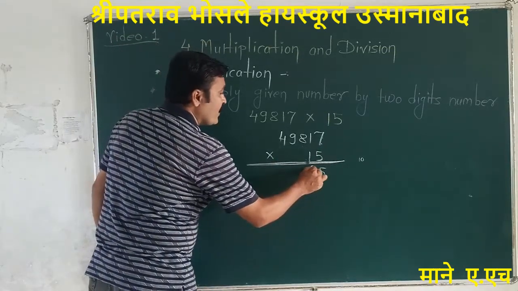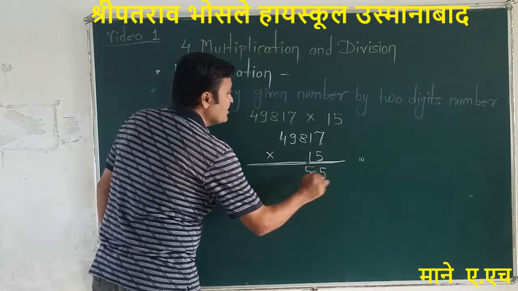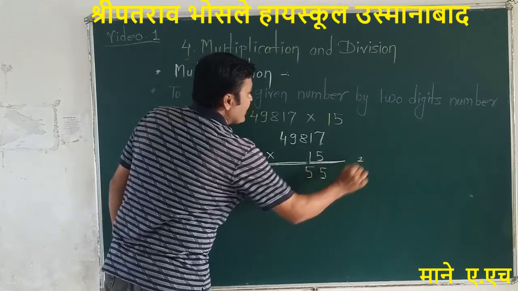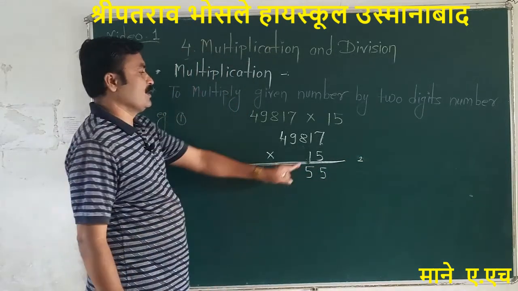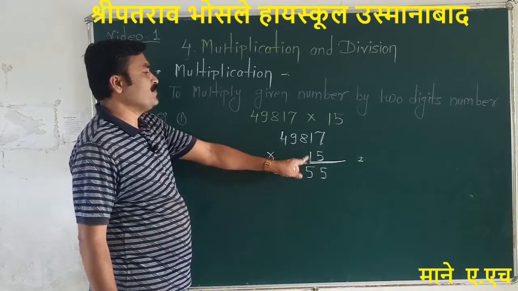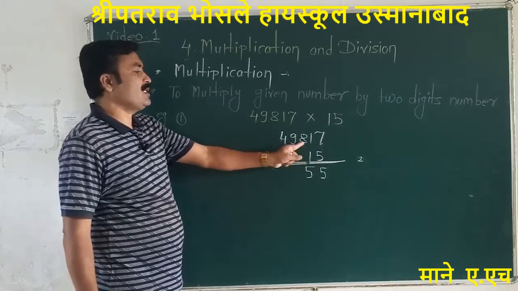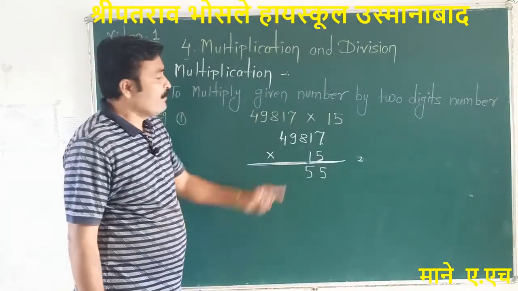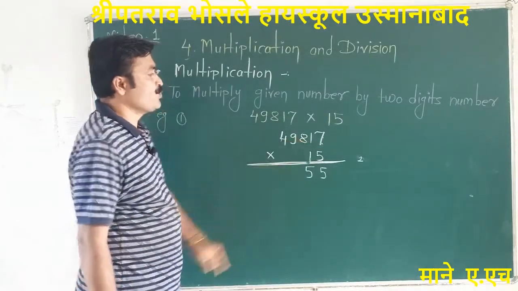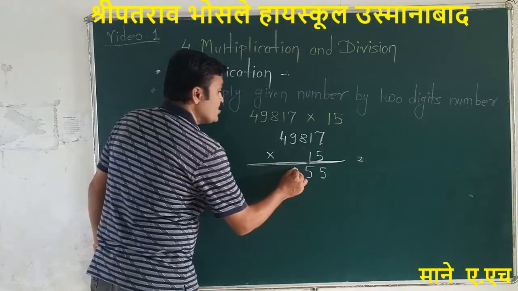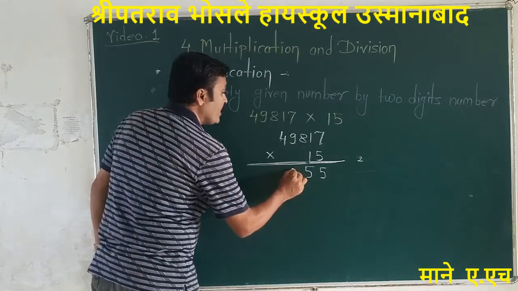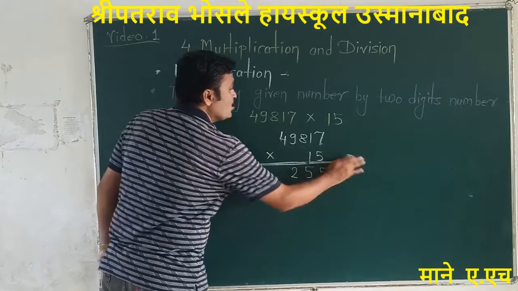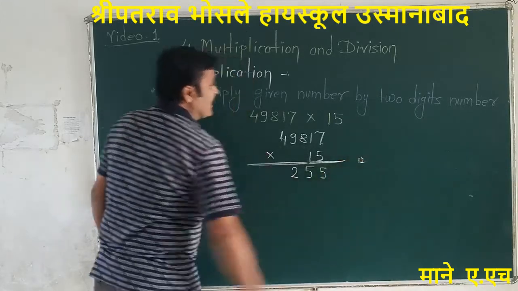So for 25 we write 5, and 2 is taken as carry. Thereafter next multiplication, 15 into 8, 15 eights are 120, 120 plus 2 is 122. So for 122 we write 2, and 12 is taken as carry.